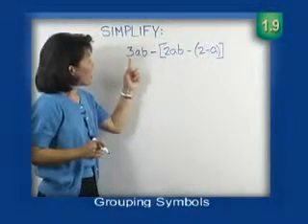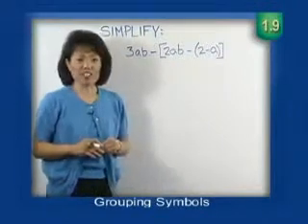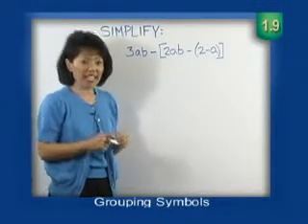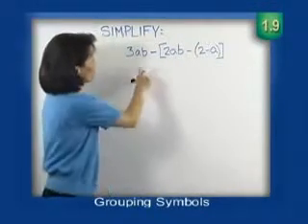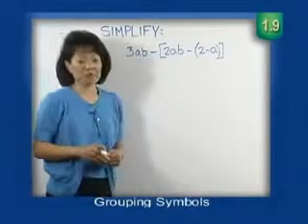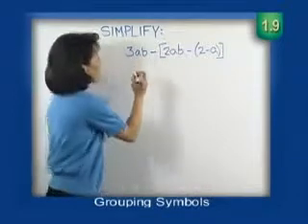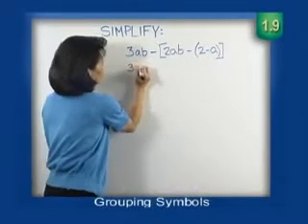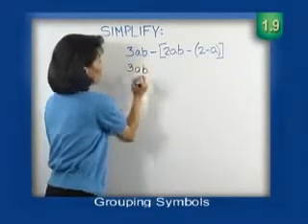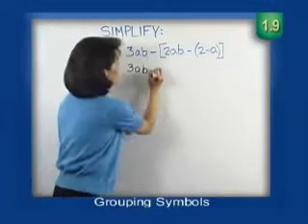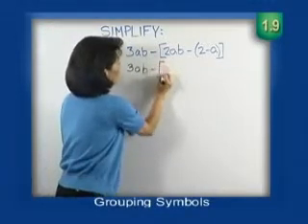When simplifying an expression with all these grouping symbols, again, we start from the inside and work our way out. So what we're going to do, even though it takes you perhaps 5 or 10 seconds longer, is first of all recopy this outside portion because nothing changes here with the 3ab. Then we have the minus sign, and then we have our first bracket.